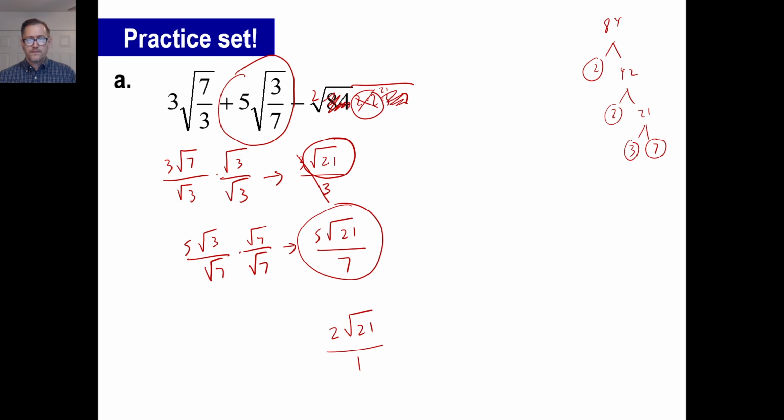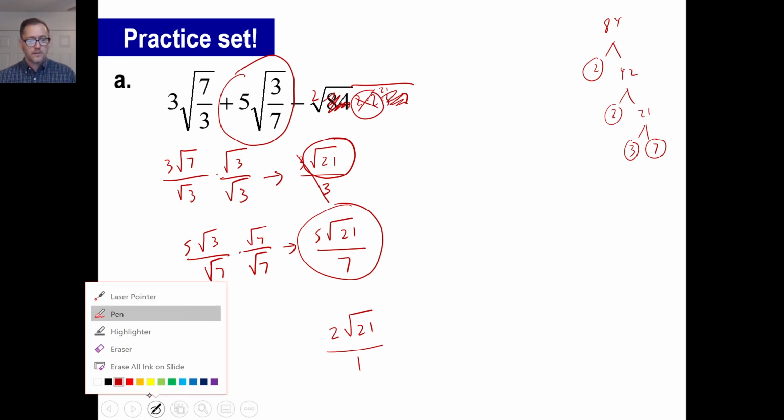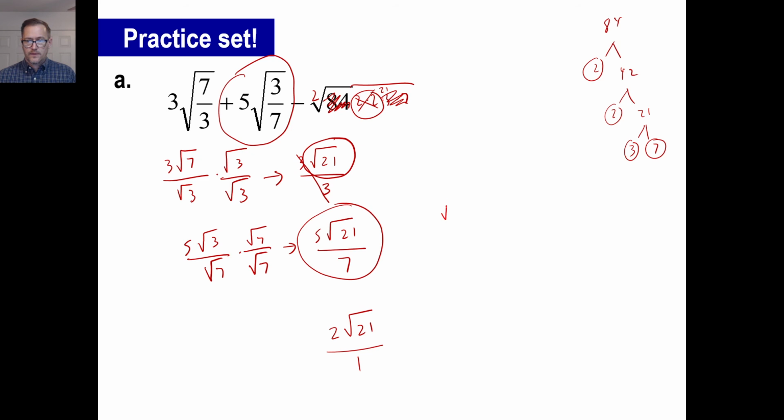Okay, well, if we have these 3 as our terms, then we have 1 as our denominator. Excuse me, 7 as our denominator. You know, let's just write it out again. Okay, so we have the square root of 21 plus 5 square root of 21 over 7. Let me make sure I did that right. You can pause it, or let's see here, 21, 3. Okay, well, that should be okay. All right, the last one is 2 times the square root of 21.